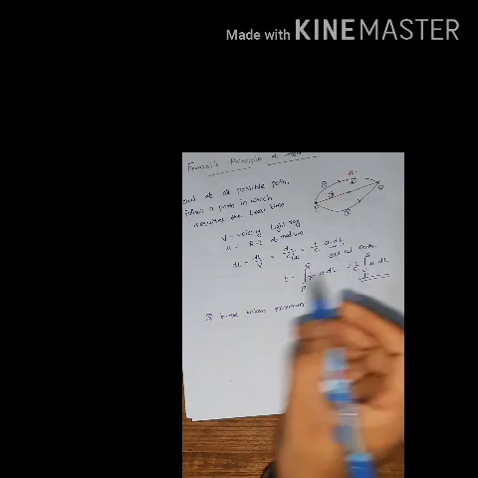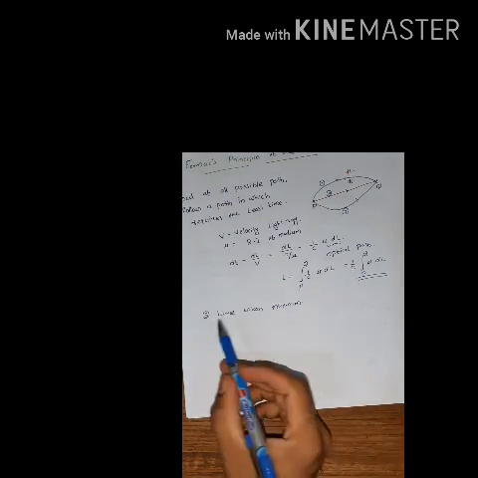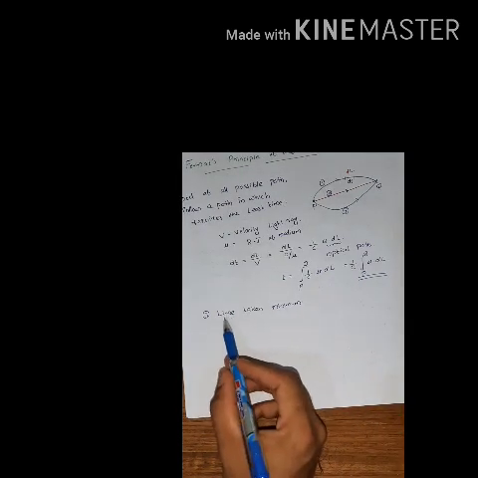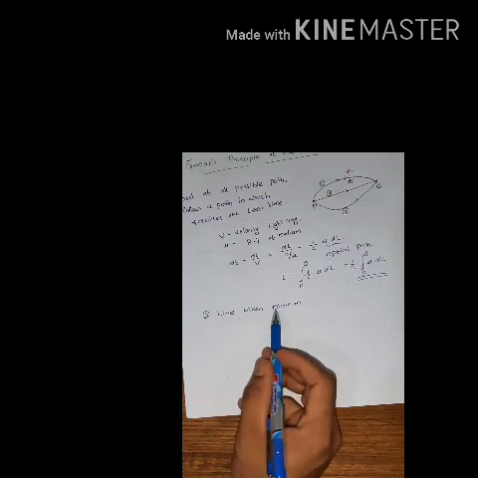We are considering the third path, and the property of that third path is that the time taken for traveling from P to Q is the minimum value.